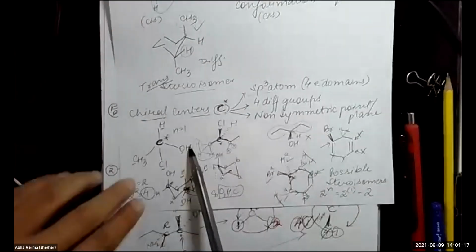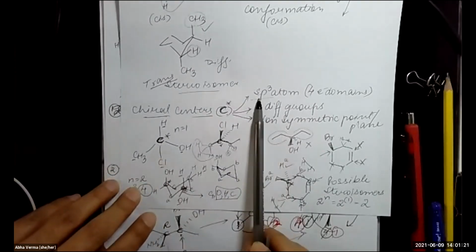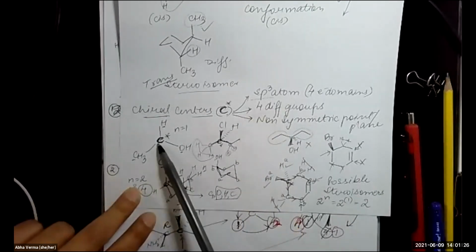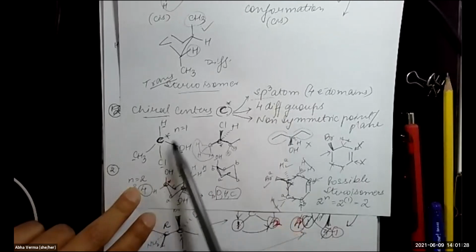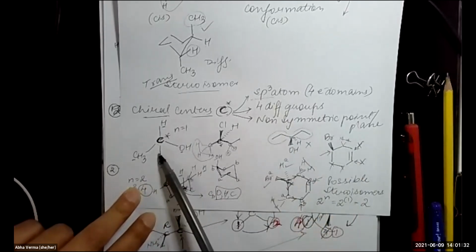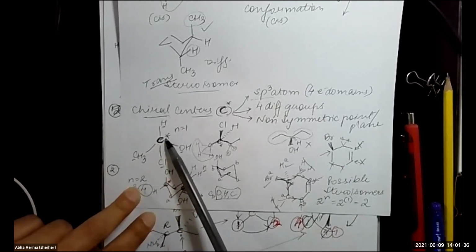So in this module, we also started to look at the chiral centers. For chirality, you need to have an sp3 atom, 4 different groups on that atom, and a non-symmetric point or plane on that atom. And that would make that particular atom a chiral center.